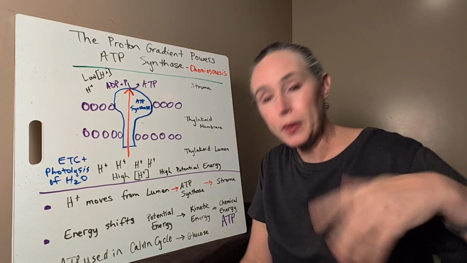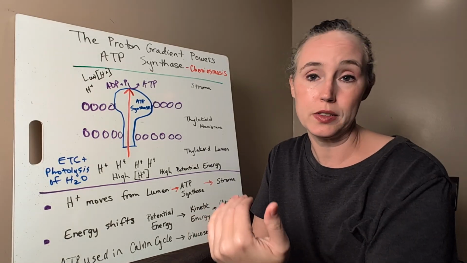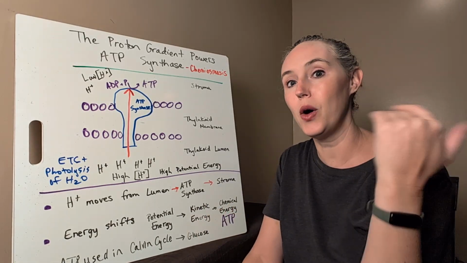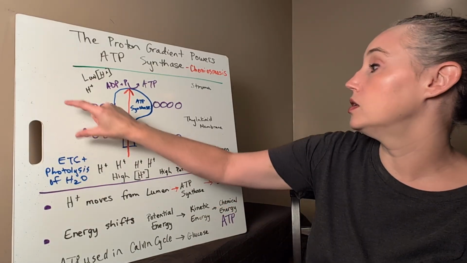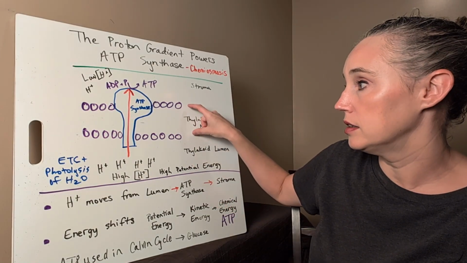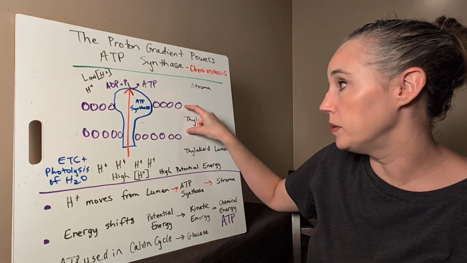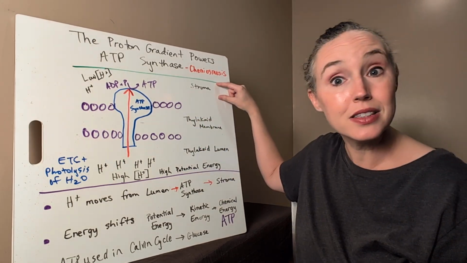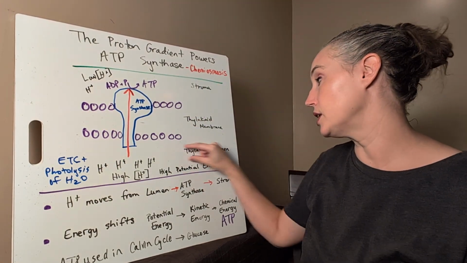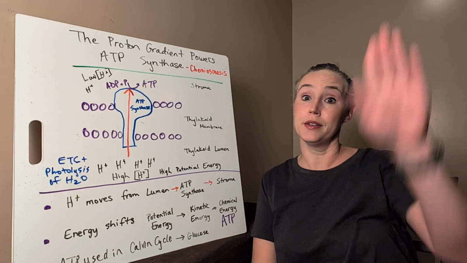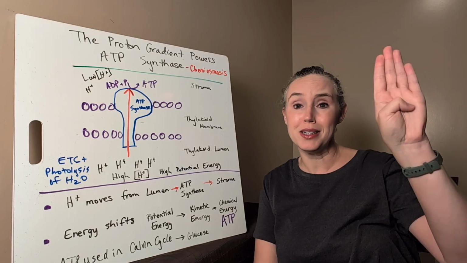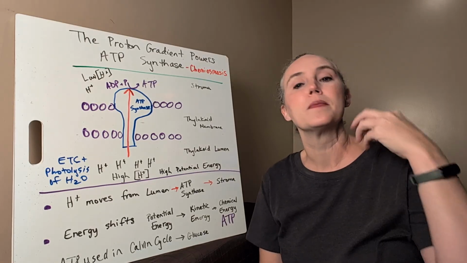So remember, one of the main things the electron transport chain did was help us establish the proton gradient in the lumen. So again, here is my thylakoid membrane. Up here is the stroma, and down here is the thylakoid lumen. Now, you may be like, excuse me, your ATP synthase is upside down.